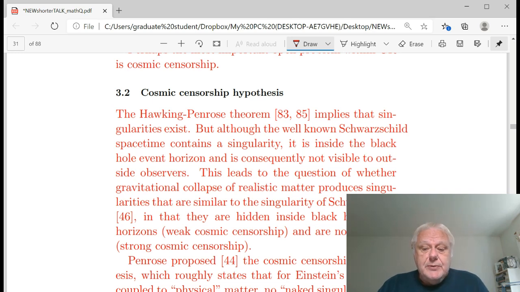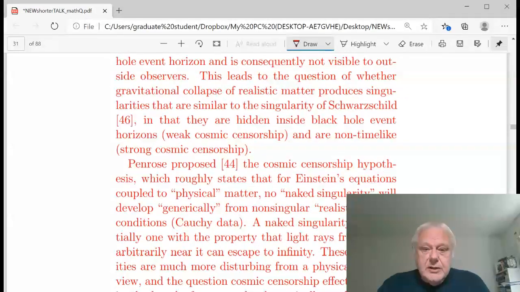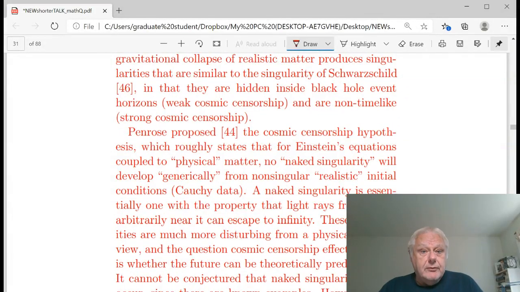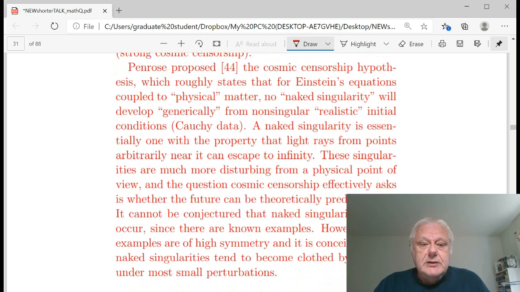So it's not a particularly damaging singularity. So the question is in general, are the singularities of the type of Schwarzschild and therefore relatively meek, or are they more dangerous? And in order to study this, Penrose proposed the so-called cosmic censorship hypothesis.